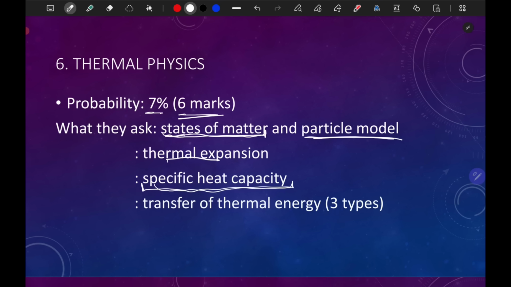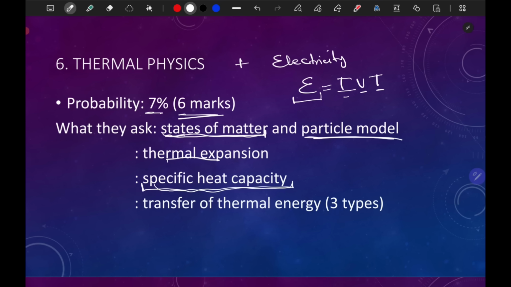One thing I've commonly seen is that these days Cambridge is combining thermal physics with electricity. They'll give you some amount of time and tell you the amount of thermal energy transferred. So make sure you know how to use this formula: E equals I V t. E is electrical energy, I is current, V is voltage, and t is time in seconds.